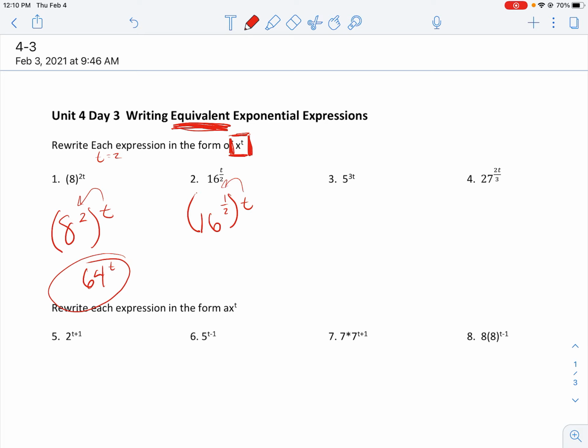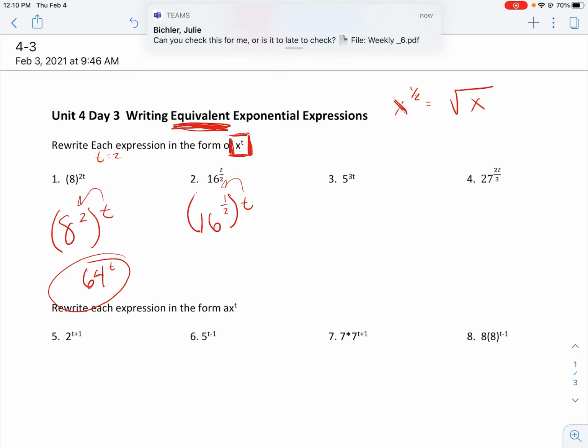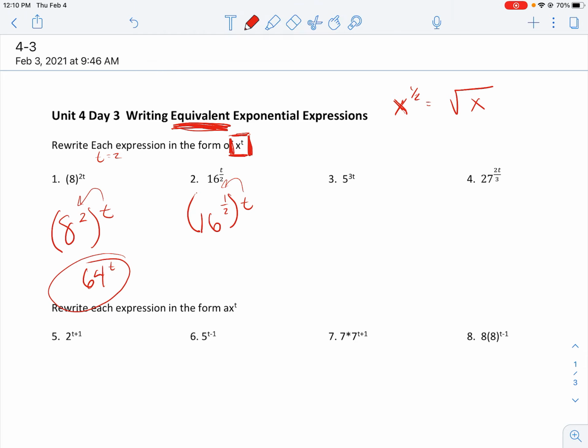Power raised to another power, I would multiply the exponents. Now, however, 16 raised to the 1/2 power. You might not all remember what that means, but anything raised to the 1/2 power is the same as taking the square root of that number. So what's the square root of 16? 4 to the t.